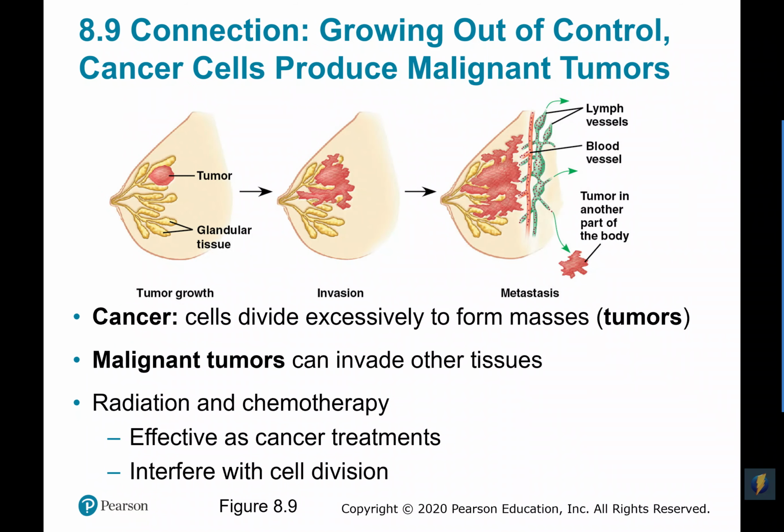So I mentioned cancer earlier. Cancer cells are cells that just divide excessively. They just are supercharged and they're going to go through mitosis super readily. That can sometimes lead to a growth or a tumor, a mass of cellular tissue.